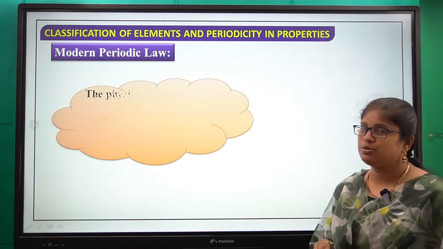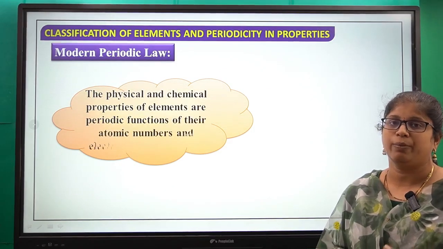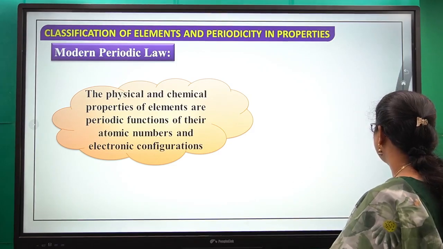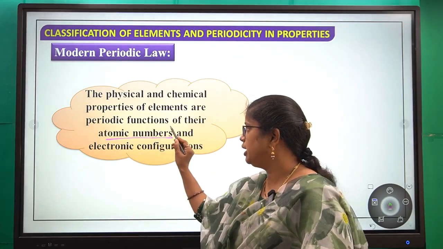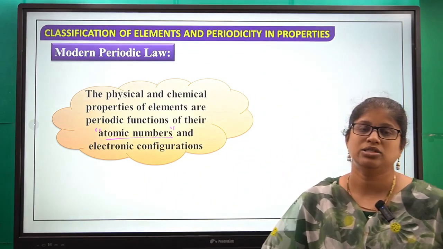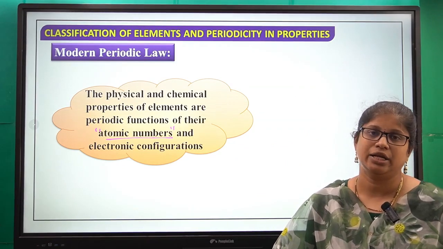Next, what is the modern periodic law? The physical and chemical properties of the elements are periodic functions of their atomic number. Till now all the scientists based their classification on atomic weights, but here atomic number is mostly taken into consideration.